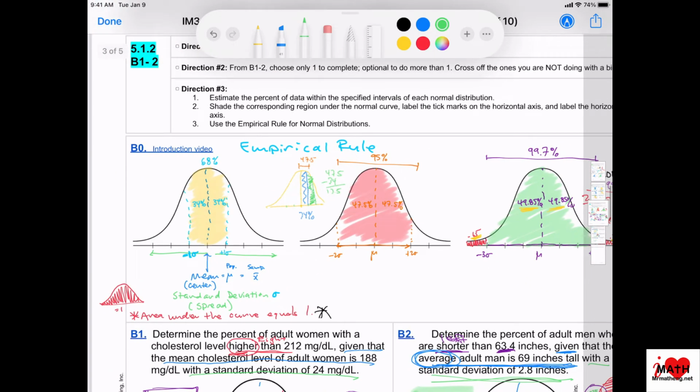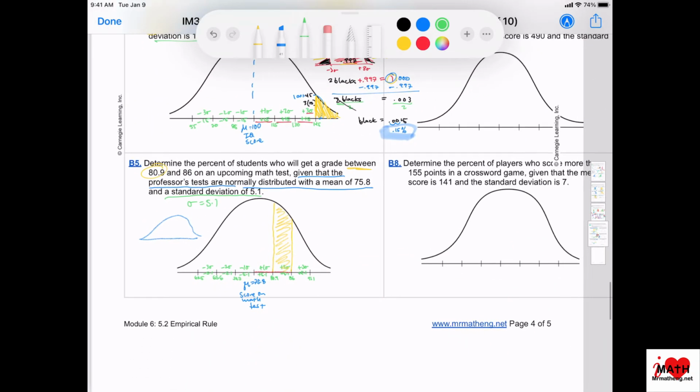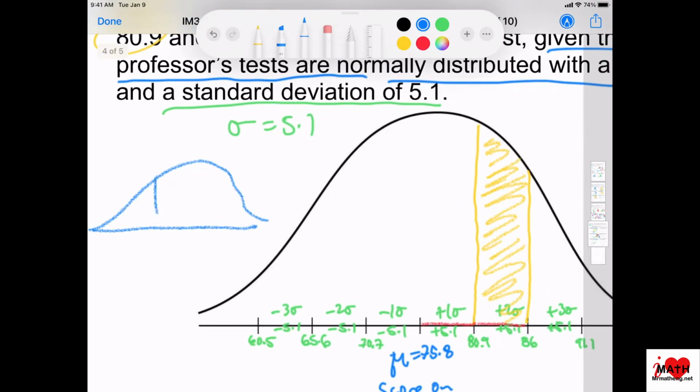Okay, so I'm going to copy that information down for our problem. Okay, so we said that this was going to be 68. That's 1 standard deviation.